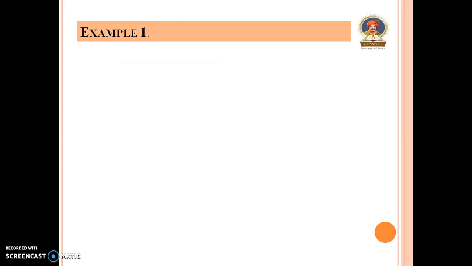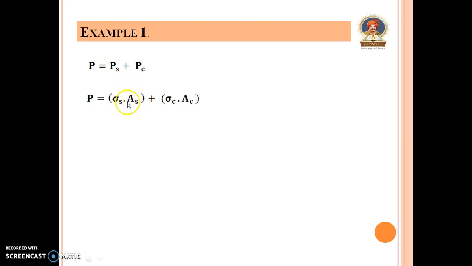For that purpose, we are going to use the first equation, P is equal to PS plus PC. Here S stands for steel and C stands for concrete. So the equation becomes P is equal to sigma S into AS plus sigma C into AC.